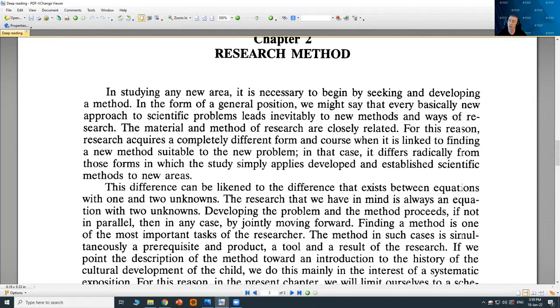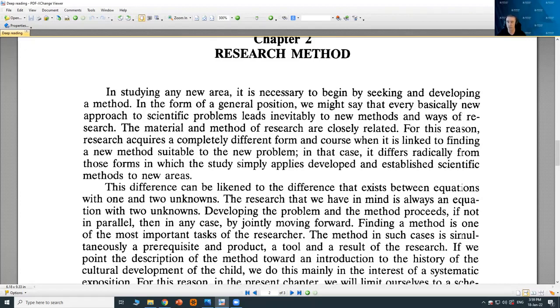So he is not critical. He is just showing the difference. He's not saying that it's very bad to apply developed and established scientific methods to new areas. No, no, no. He is a researcher, a scientist. He is not saying this is bad, this is good.